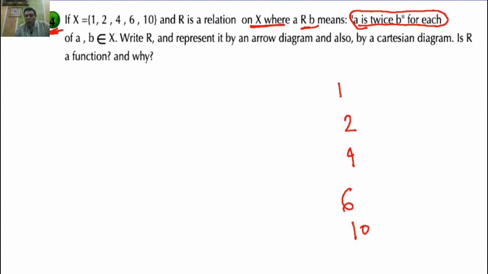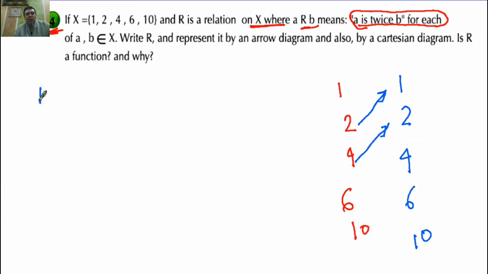The second set, from X to X, has the same elements 1, 2, 4, 6 and 10. The relation says A is twice B. 1 is twice, no. 2 is twice 1. 4 is twice 2. 6 is twice 3, but we don't have 3. 10 is twice 5, we don't have 5.